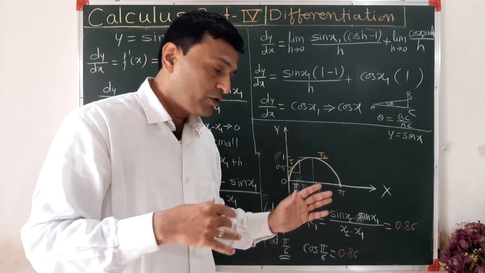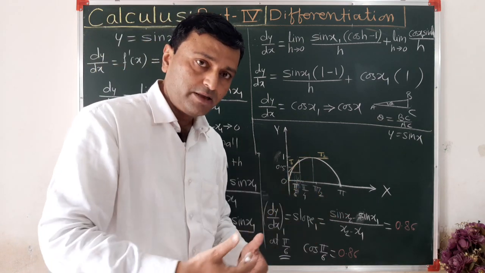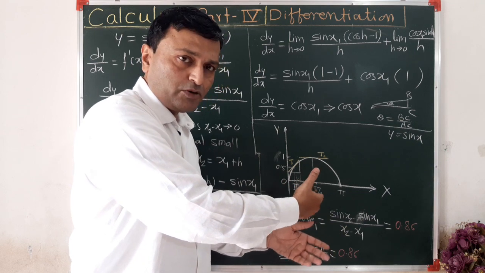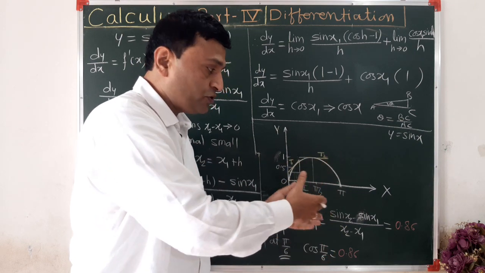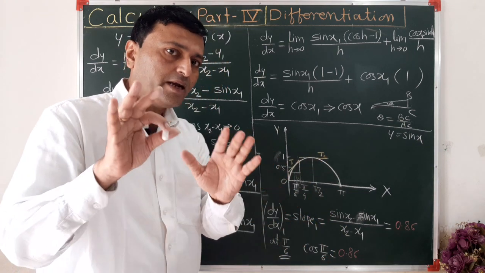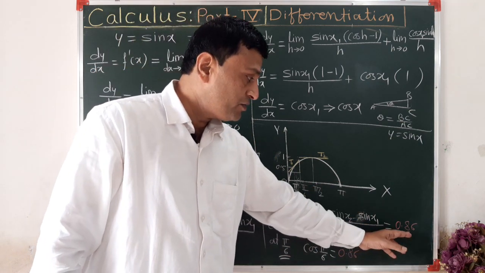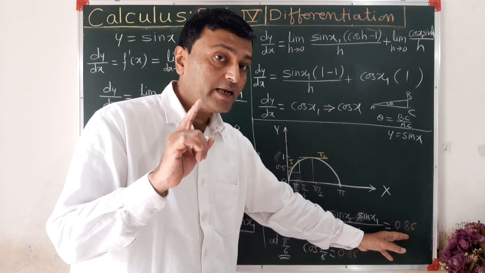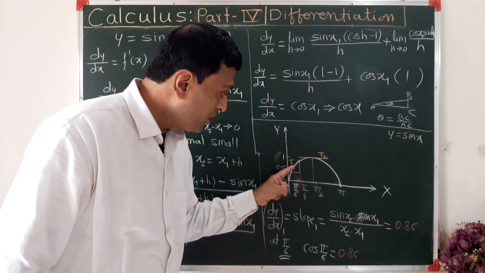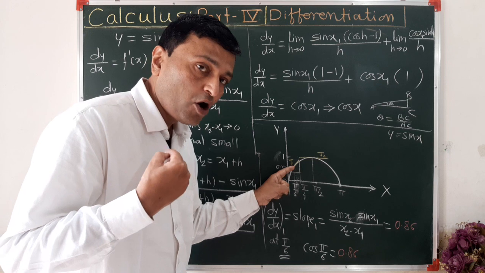I have calculated all this, but it is not necessary to show all these values here, you can develop them. After putting, we can calculate, and the value we get is 0.86.